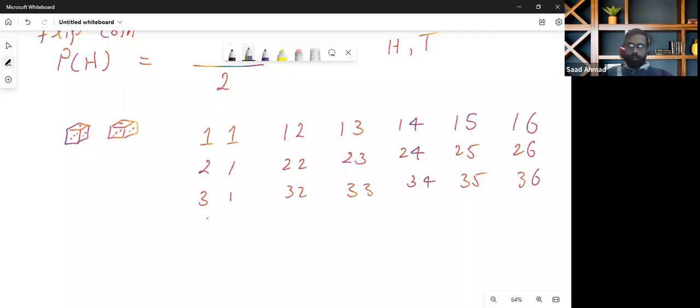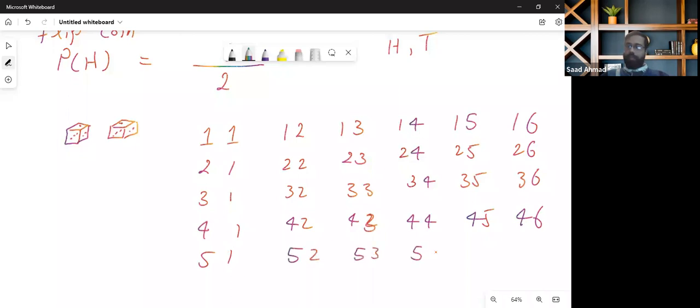Then the next one, 4 1, 4 2, 4 3, 4 4, 4 5, 4 6, 5 1 through 5 6, and 6 1, 6 2, 6 3, 6 4, 6 5, 6 6.